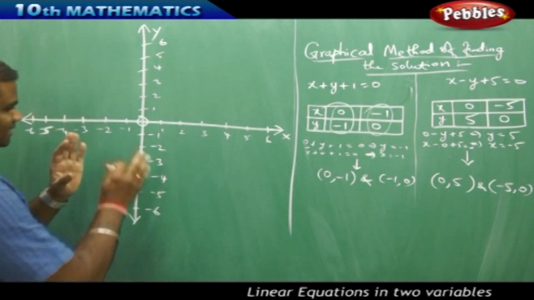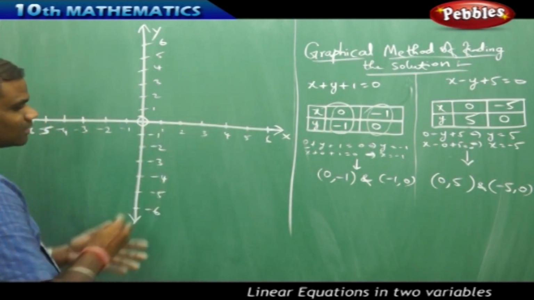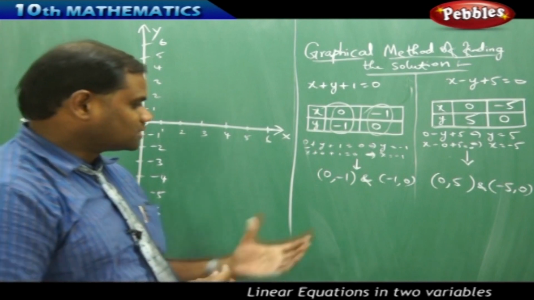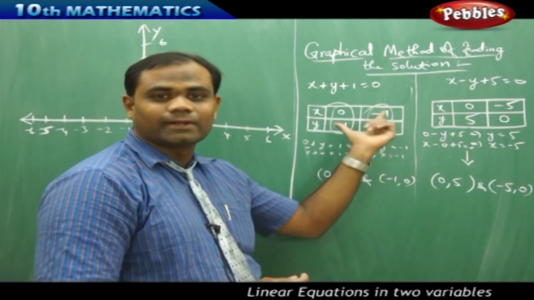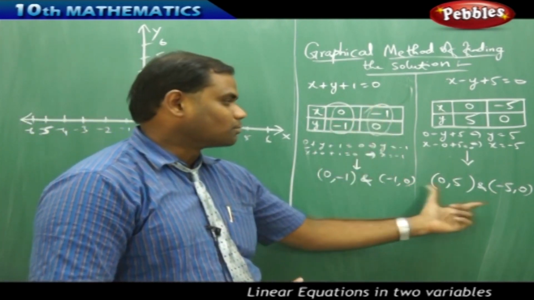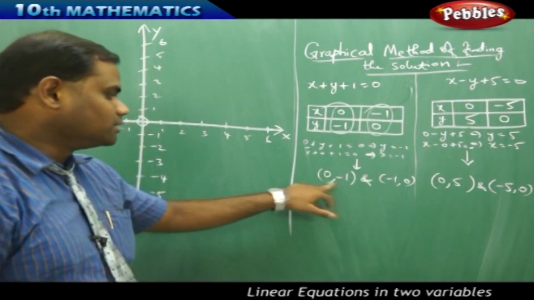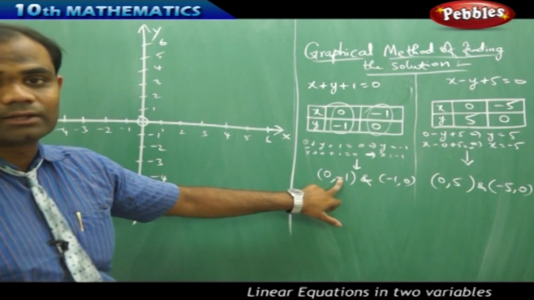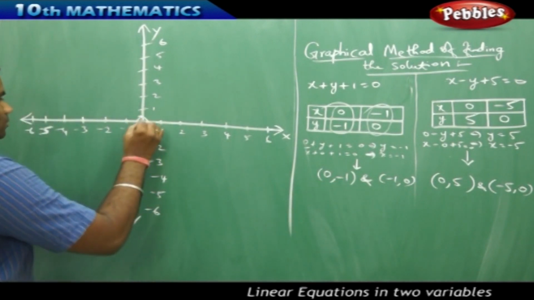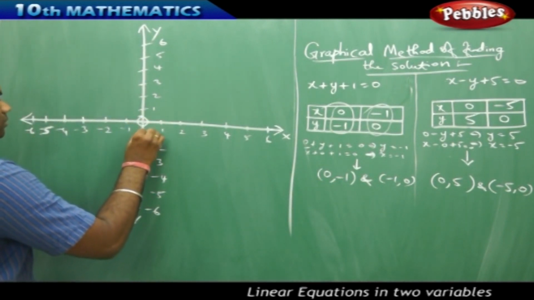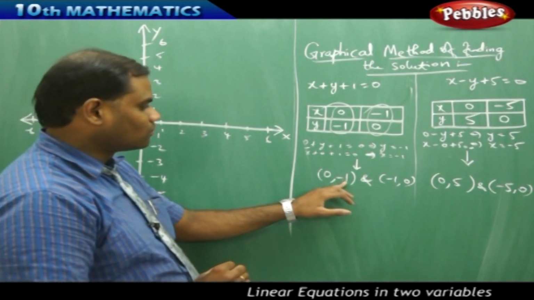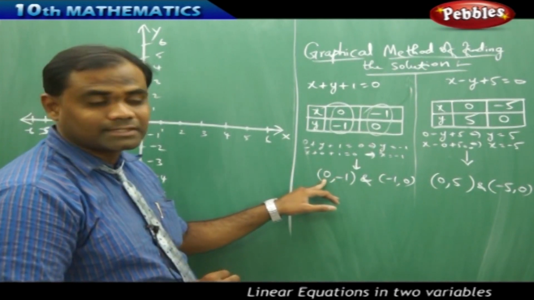Then once I get all the scaling done on the x and y axes, I first plot the points for line 1 and then plot the points for line 2. Initially, to start with, these two points: (0, -1) comes down because these coordinates move along the y-axis and these move along the x-axis.